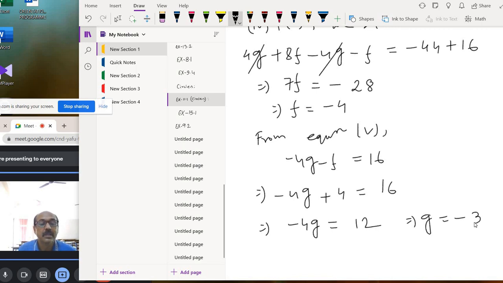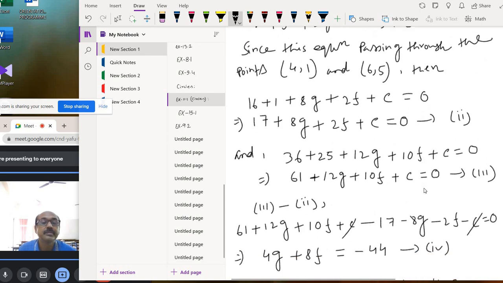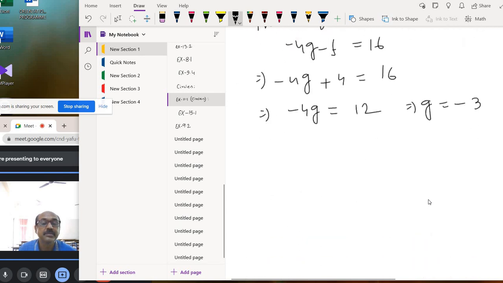Now putting the values of f and g in equation 2 to find c.